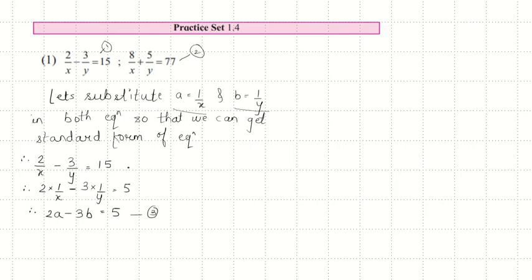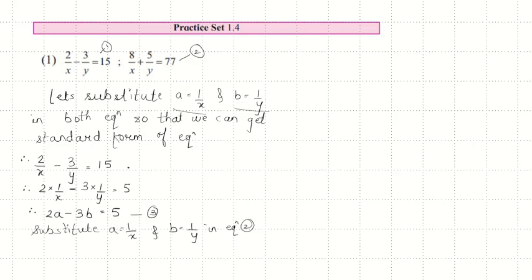So now we got equation number 3 by substituting a is equal to 1 upon x and b is equal to 1 upon y. Now we will substitute a equal to 1 upon x and b equal to 1 upon y in equation 2.